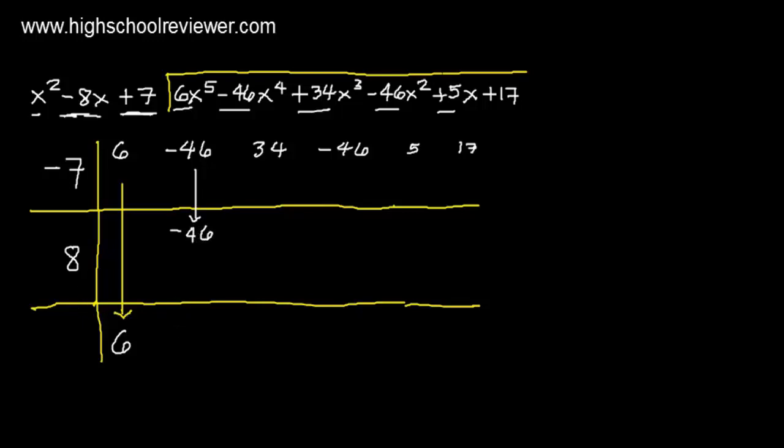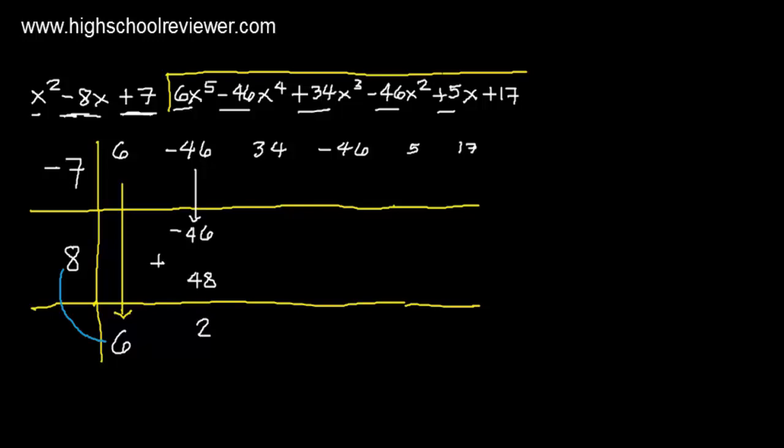Start multiplying. The first numbers that we will multiply will be 8 and 6. 8 multiplied by 6, this is positive 48. Write positive 48 here. And perform addition. Negative 46 plus positive 48, this is positive 2.